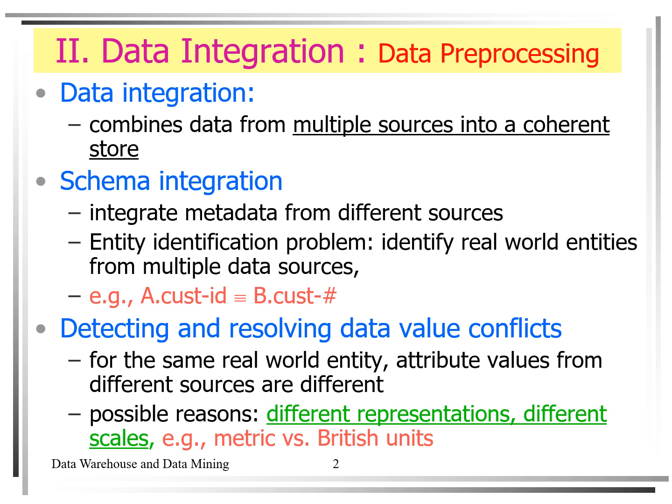So this will be a problem when we integrate data together. We are supposed to detect and resolve value conflicts. For instance, possible reasons for value conflicts are the usage of different representations of scales, such as metric and British units, or different representations of temperature, Fahrenheit and Celsius, and so forth.